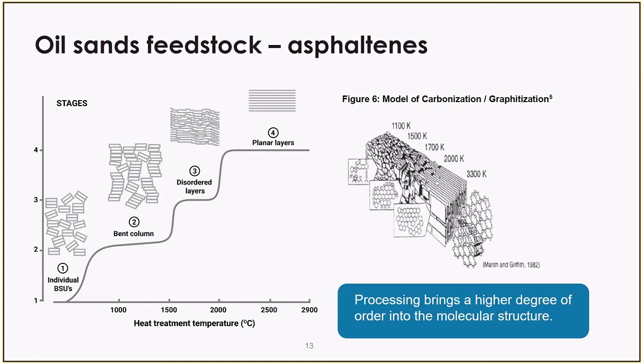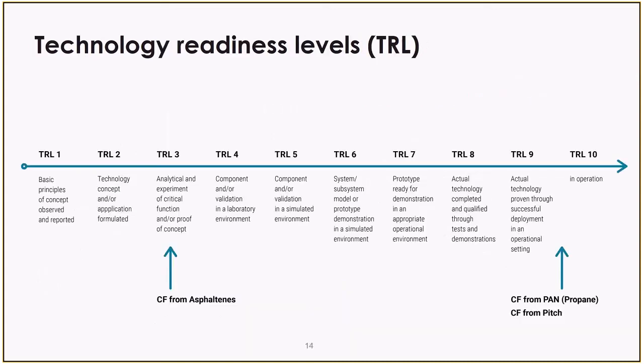So from an asphaltene perspective on technology, where are we at compared to the other feedstock bases? You can see on the right-hand side here the Government of Canada technology readiness level. Carbon fiber from polyacrylonitrile and propane, and from a common pitch right now is in operation. It's actually happening today. Carbon fiber from asphaltenes, and I'll read this, we've placed it as a group in the phase 2 report at TRL3.